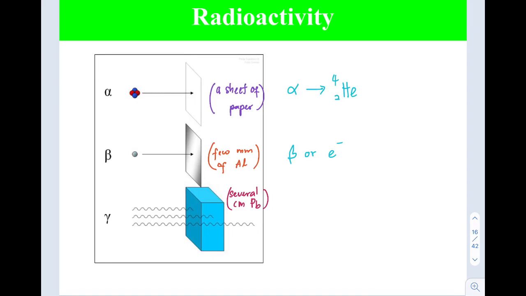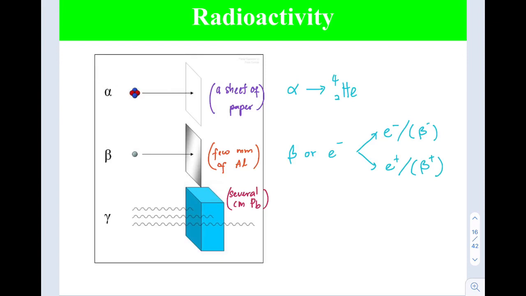Beta has two types, commonly known as electron or negatron, and the other one is positron. In certain books, the electron has the symbol beta negative, and the positron is symbolized as beta positive.